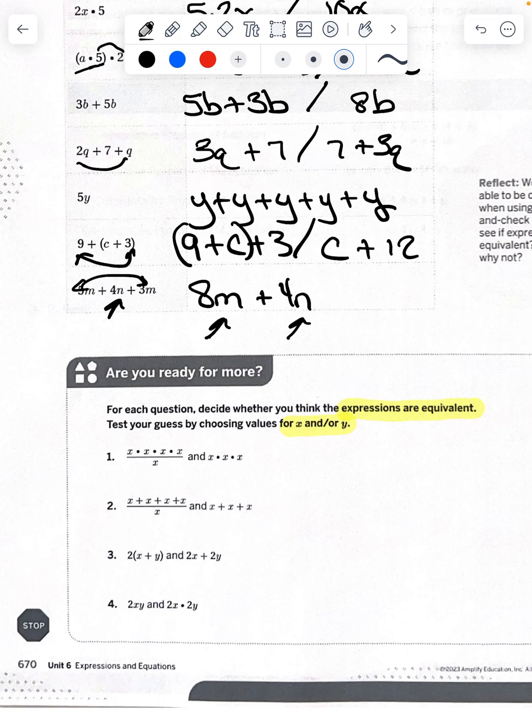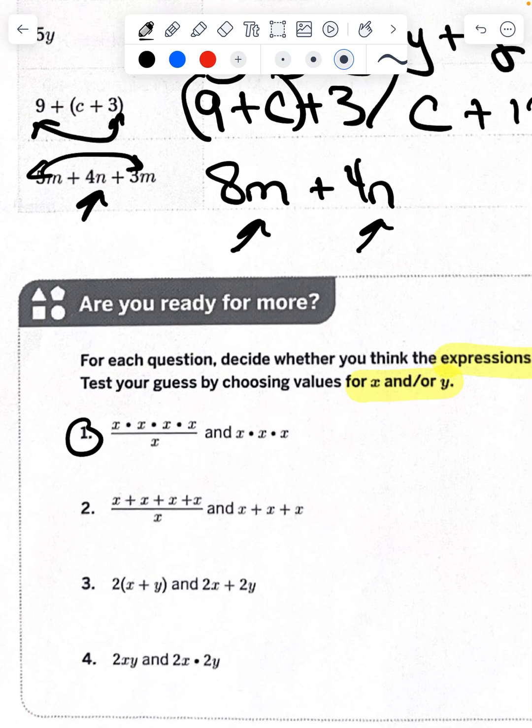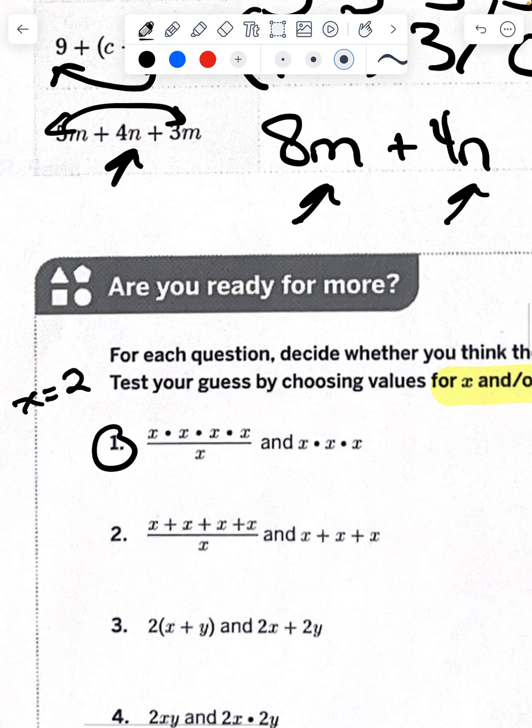Let's do number 1 to start off with. And I'm just going to say that for number 1, x equals 2. So for every single x, we're going to substitute in a 2. So these are 2 different problems. We're seeing if they are equal. So if I do 2 times 2 times 2 times 2 divided by 2, okay?